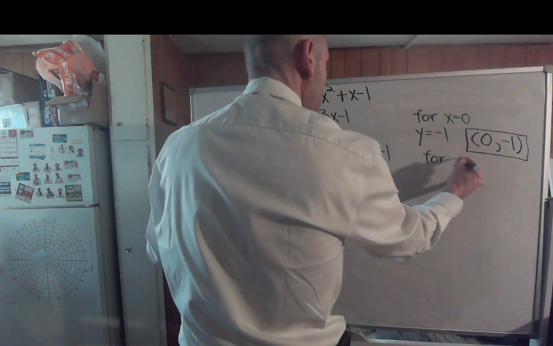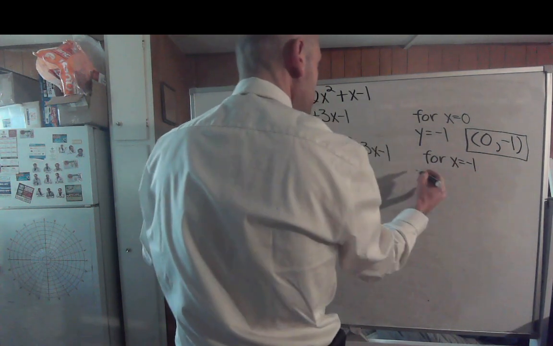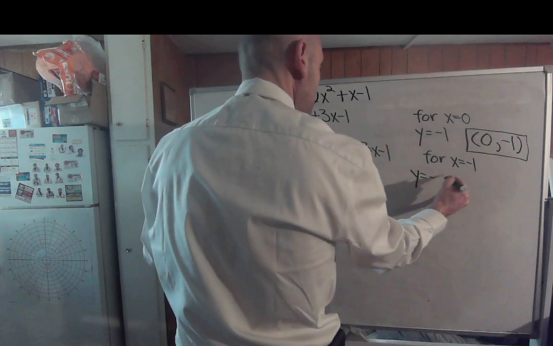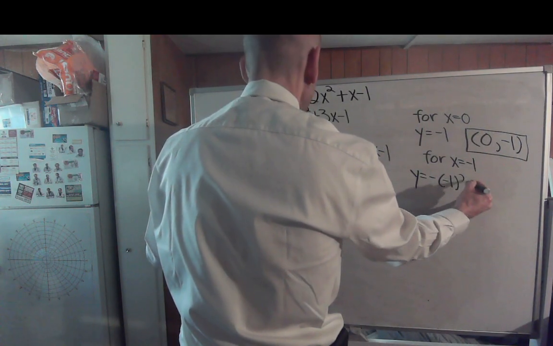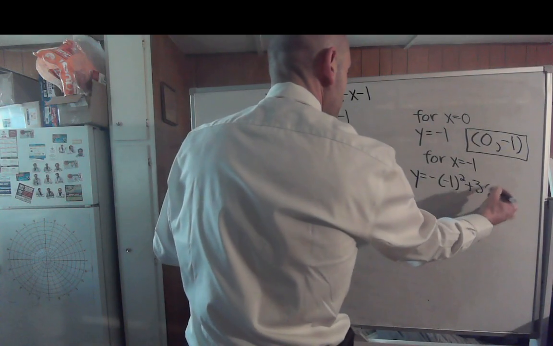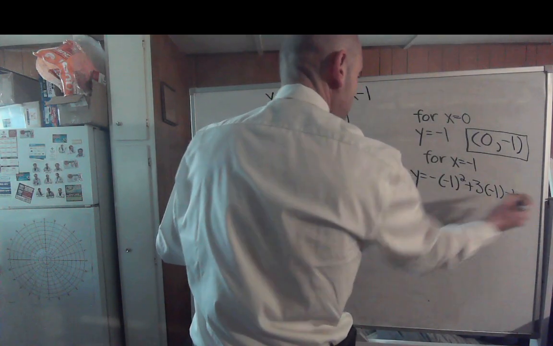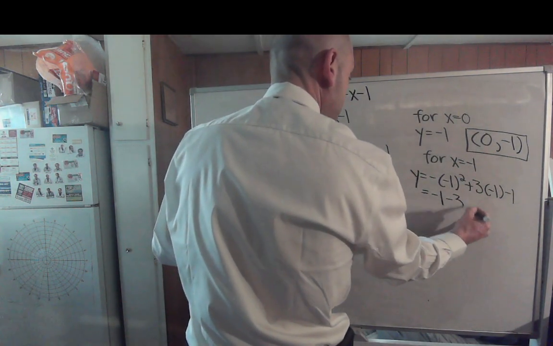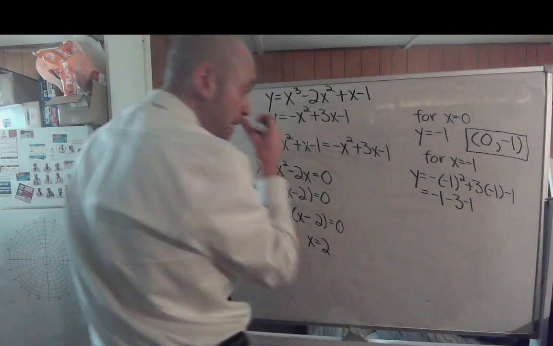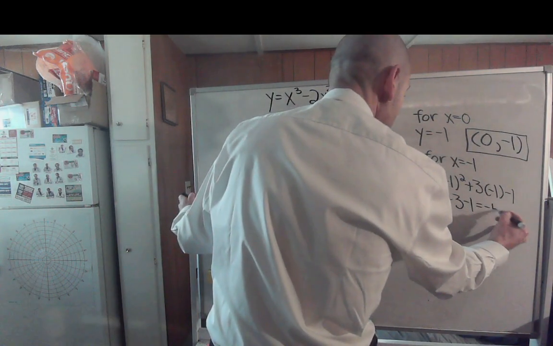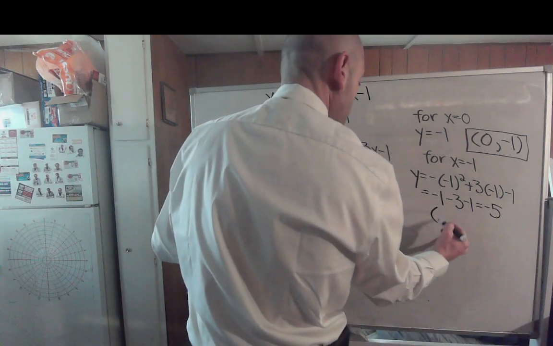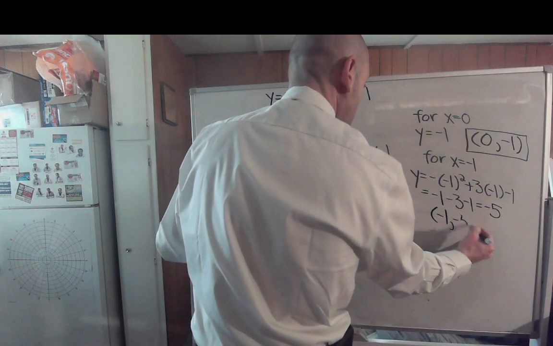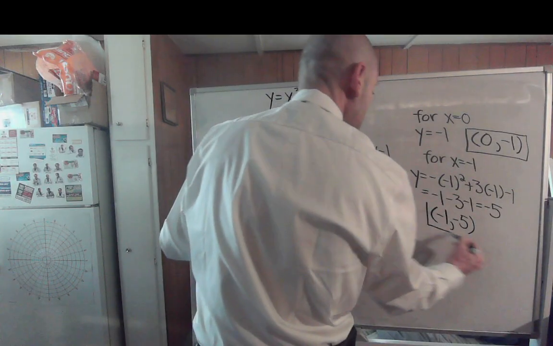So for x equals negative 1, y is going to equal negative of negative 1 squared plus 3 times negative 1 minus 1. Well, that would equal negative 1 minus 3 minus 1, which would be negative 5. So the second ordered pair should be (negative 1, negative 5).